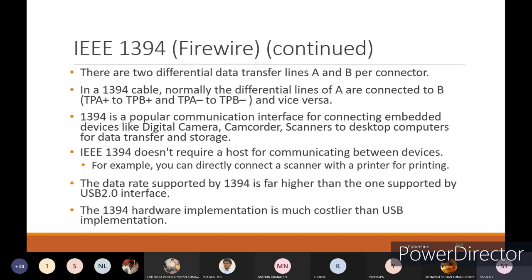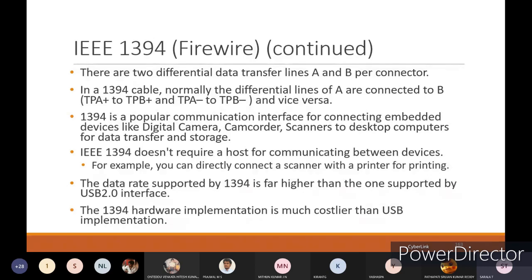1394 is a popular communication interface for connecting embedded devices like digital cameras, camcorders, and scanners to the computers, and for data transfer and storage. If you are going with digital cameras, camcorders, scanners and all, with respect to that you can do proper communication. And IEEE 1394 doesn't require a host for communicating between the devices.